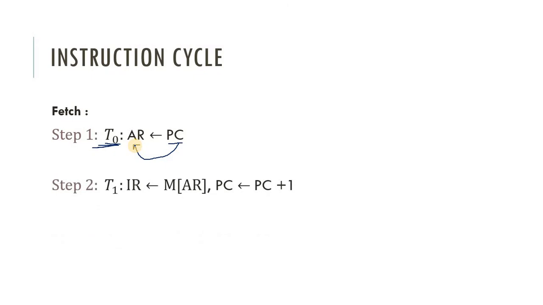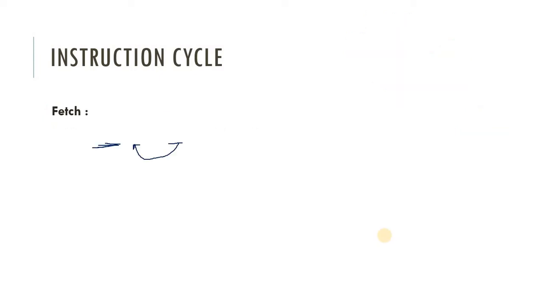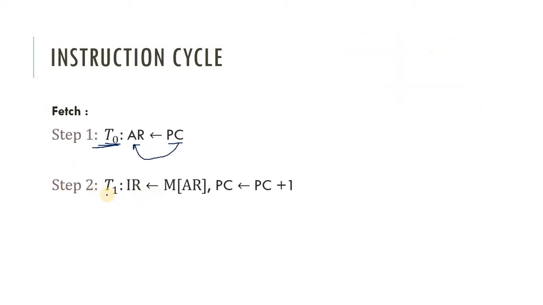Now at the timing signal T1, what are we performing? After getting the address into the address register, we'll go to the memory, fetch the instruction and store it onto the instruction register. So here the second step, at the timing signal T1, is we will get the instruction from the memory. Here M represents the memory and AR represents the address register.